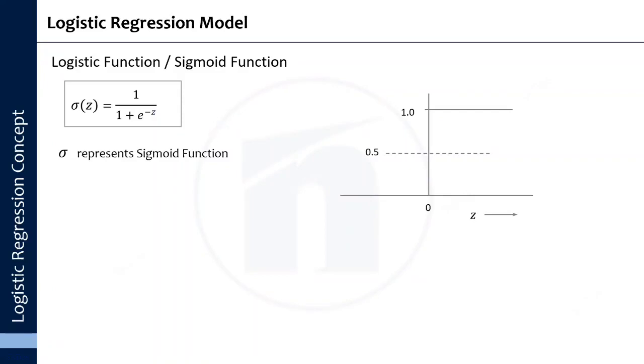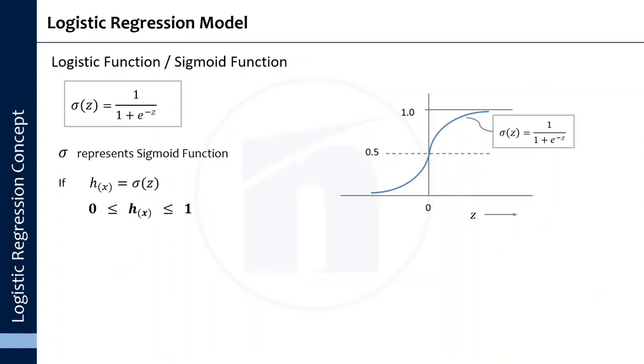In the graph, if the positive value of z is higher, the curve is almost near 1. And if z is further and further in the negative direction, it is almost near 0. And at z equal to 0, sigma z is equal to 0.5.